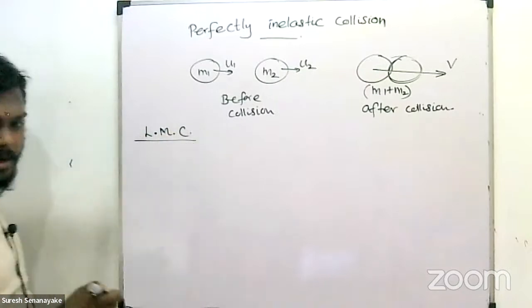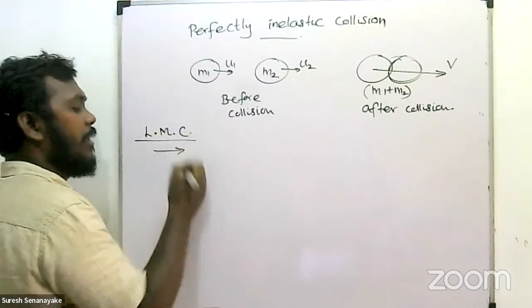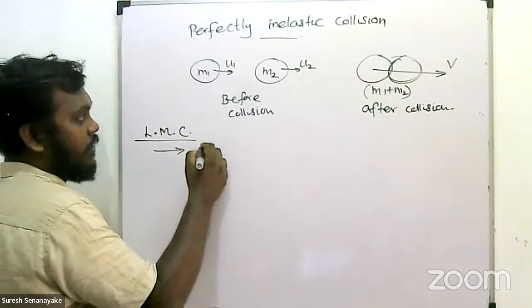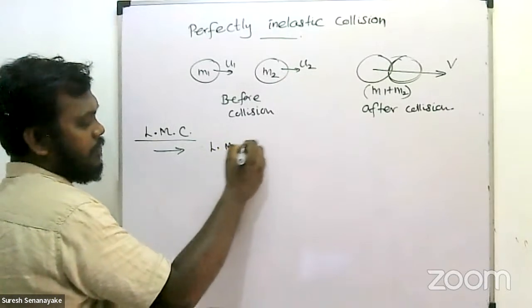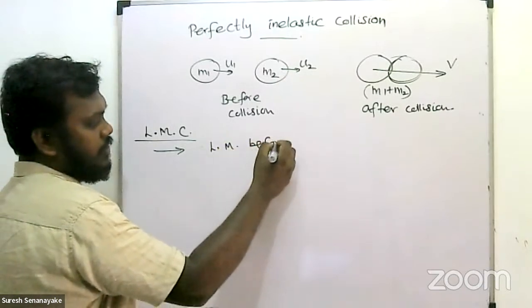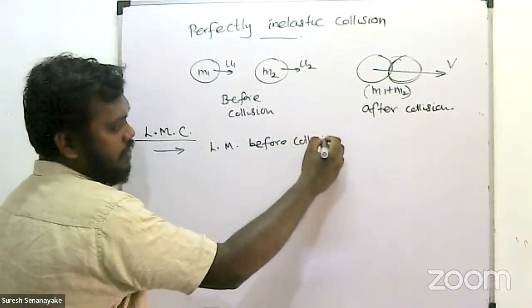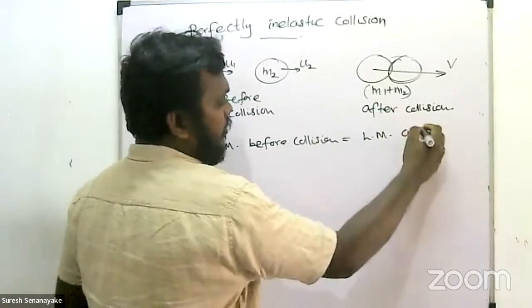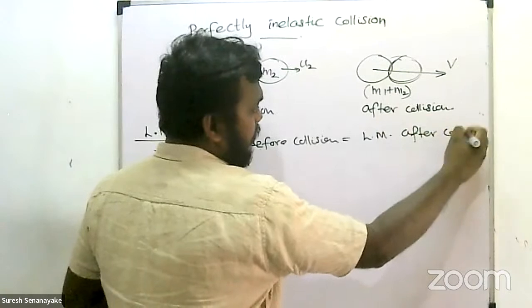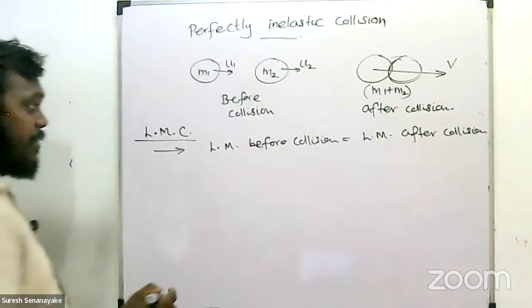I'm writing in short form, that's LCM, linear momentum conservation. So the linear momentum before collision equals the linear momentum after collision. If you don't know that's LM, you can write it linear momentum, right?